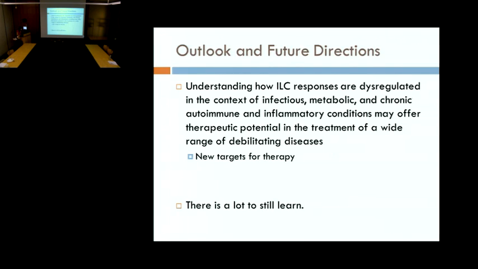One good thing is that they might be new targets for therapy, which is always good for the different diseases that they are involved in. Essentially, there's still a lot to learn for them. Any other questions?